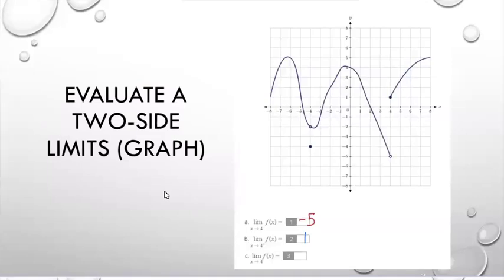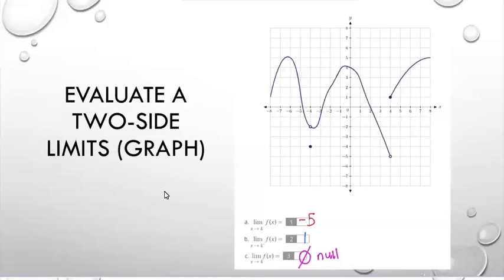Does the limit exist? No, it doesn't exist because the one-side limits are not the same. So then in here, when we are answering this question, this will be a null response because the limit when x approaches 4 does not exist.